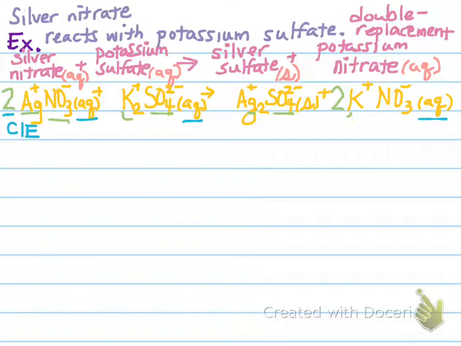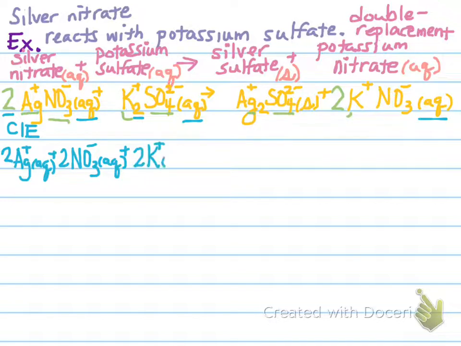So these coefficients are going to stay coefficients. As I write my complete ionic equation, I have 2 Ag+ aqueous plus 2 NO3- aqueous, since there's still 2 nitrate ions. Now, this subscript here still means there's 2 potassium ions. So I have 2 K+ aqueous plus just 1 sulfate ion, aqueous.